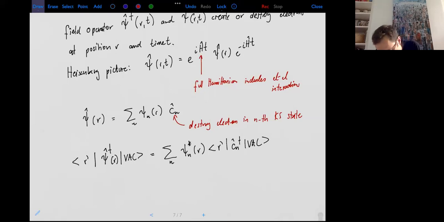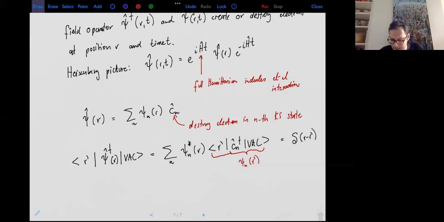So this state here is a state where I have put one electron into the nth Kohn-Sham orbital, right? And then I want to know what the wave function of that orbital is at r prime. So that is just psi n r prime. And now I know that because the Kohn-Sham orbitals are a complete basis, if I do the sum, it gives me a delta function, right?